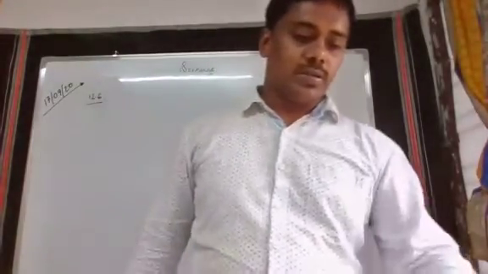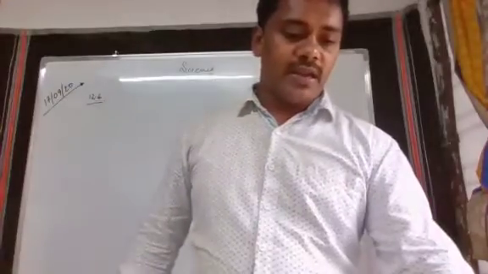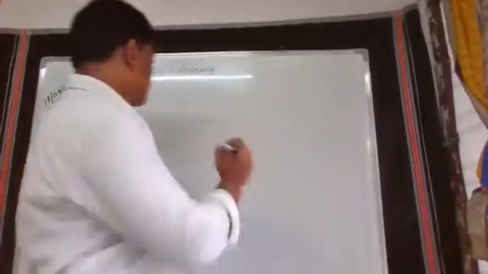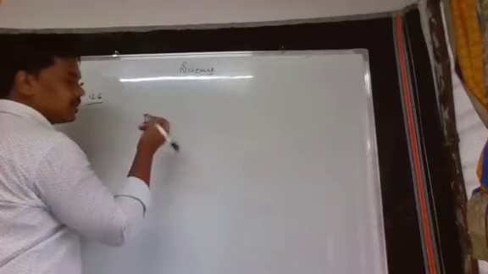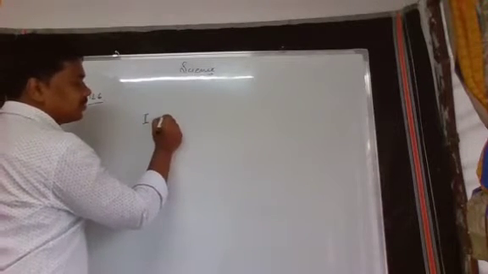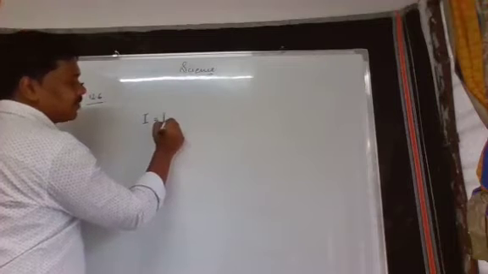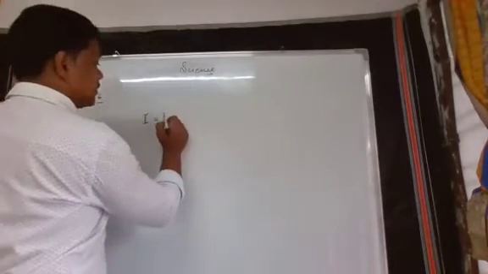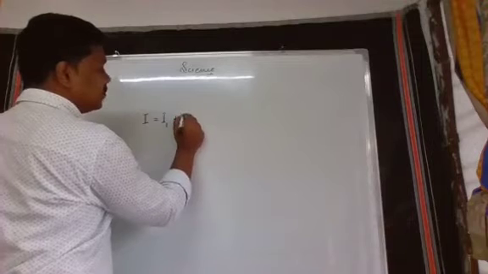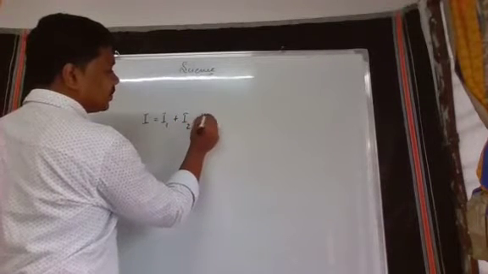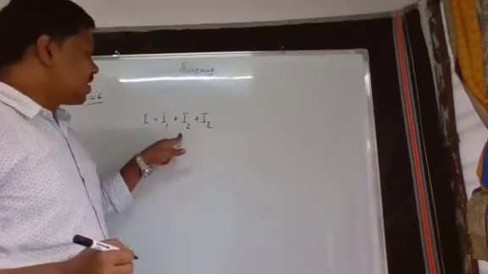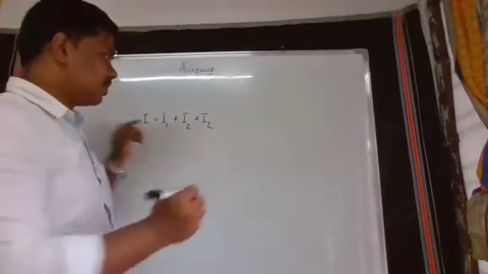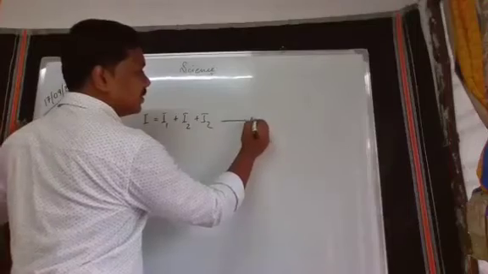That is, the total current I in the circuit is equal to I1 plus I2 plus I3. We get this from R1, this from R2, and this from R3, and we have taken it as equation number 1.